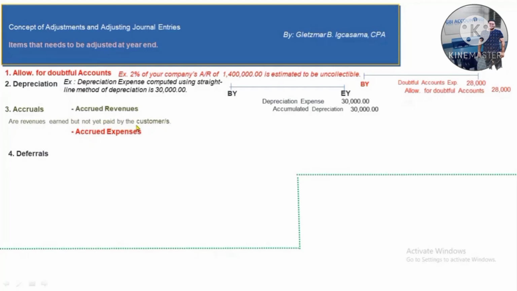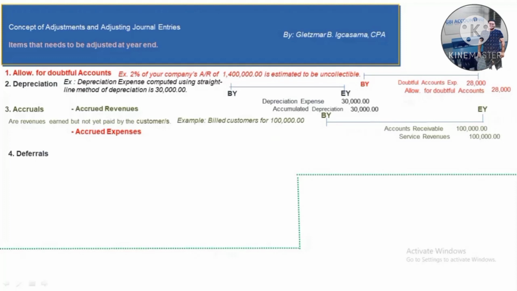It means that the business has already delivered goods or services that it is supposed to deliver, but the client or customer did not yet pay. These types of transactions must be traced at year-end because they should already be considered as receivables and revenues based on the accrual concept, which is why in our example, which states that we billed customers for 100,000, we have this adjusting entry of debit AR and credit service revenues of 100,000.